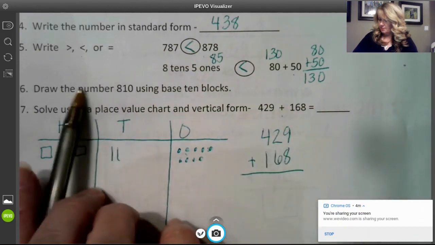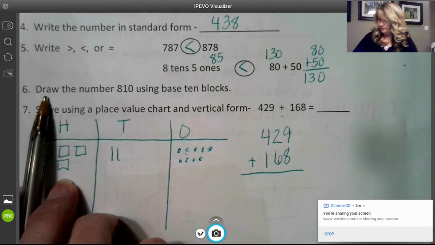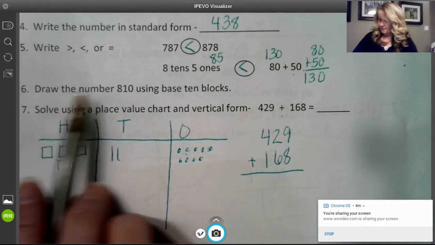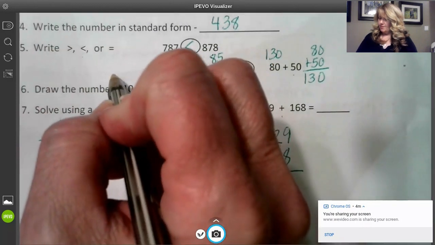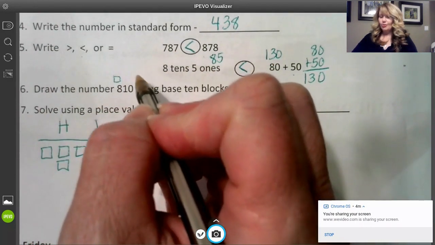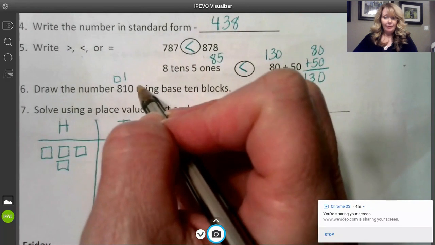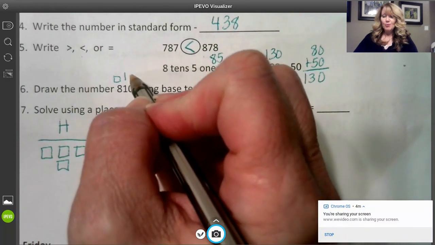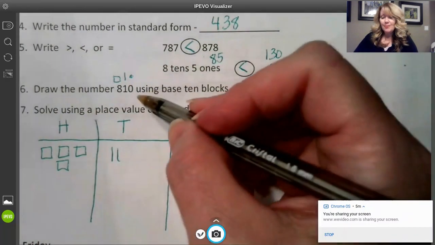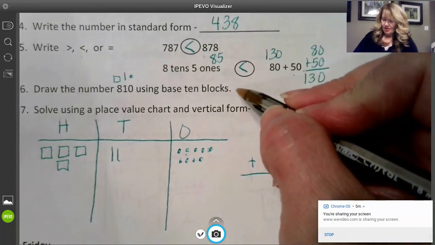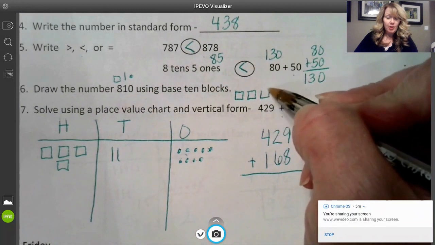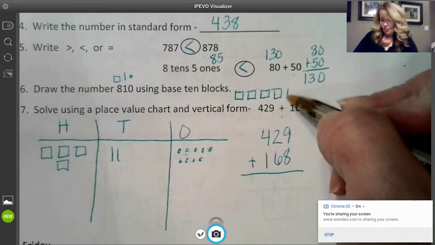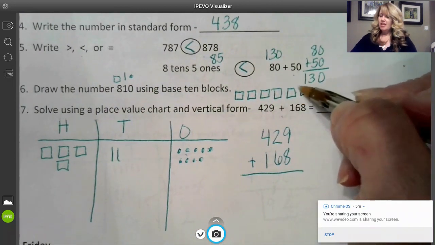Oh my goodness, I skipped a problem, didn't I? Before I go on with this, I guess I should do number 6. I forgot it. We're supposed to draw 810 using the base 10 blocks. Our hundreds are the boxes. Our tens are sticks, and our ones are dots. So 810.